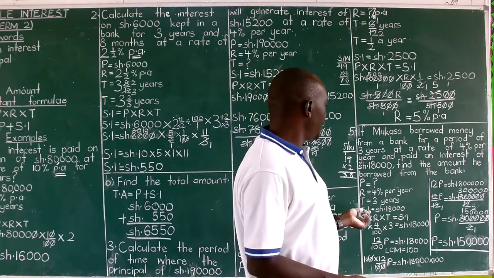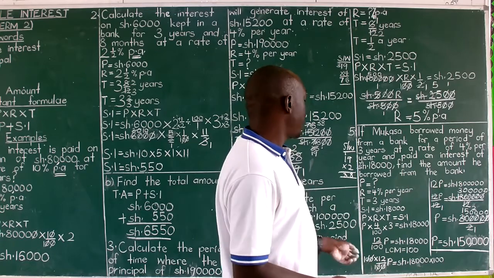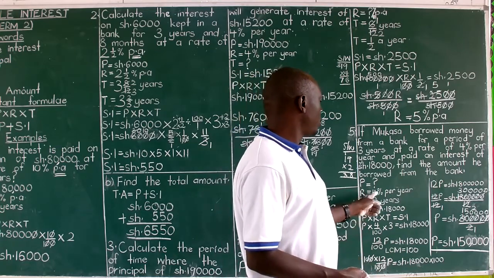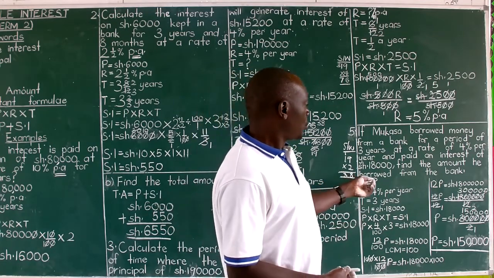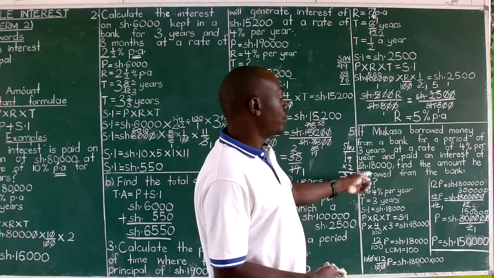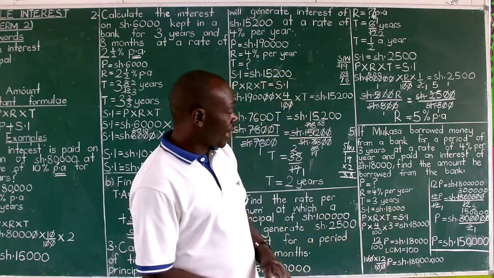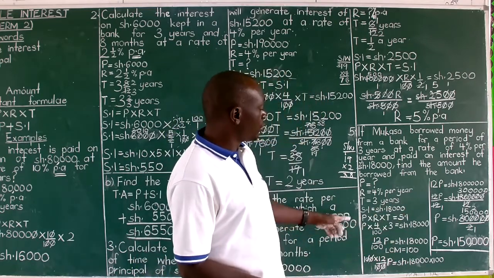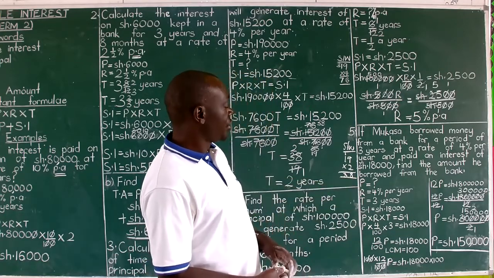Time is 3 years, rate equals 4% per year, and simple interest is equal to 18,000 shillings.